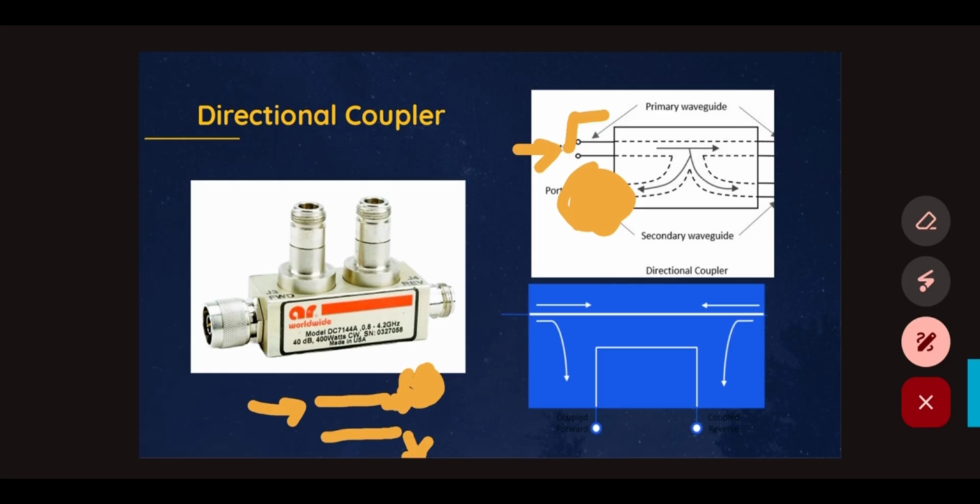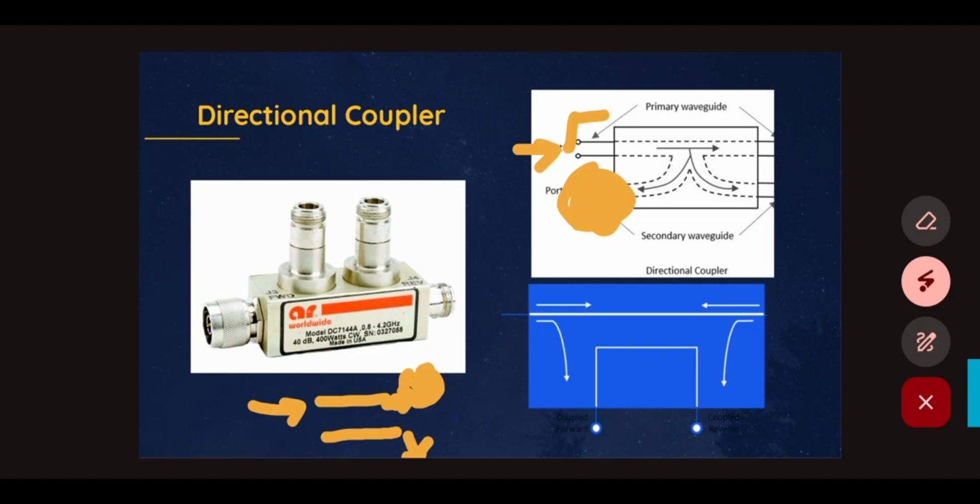For example, if we look at this directional coupler here, it says it has 40 dB. That means for the power we are injecting here, we will get minus 40 dB here. And we all know there is a formula for how dB and watt are related.